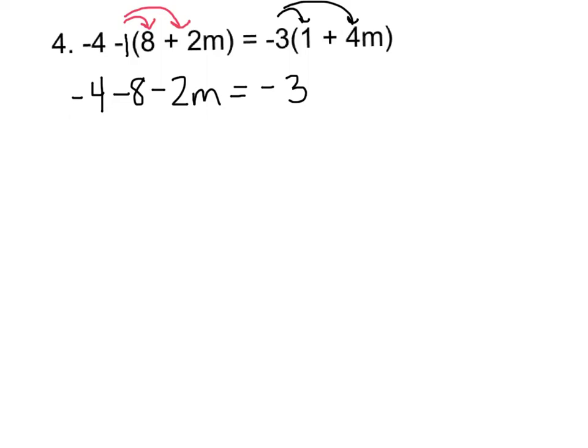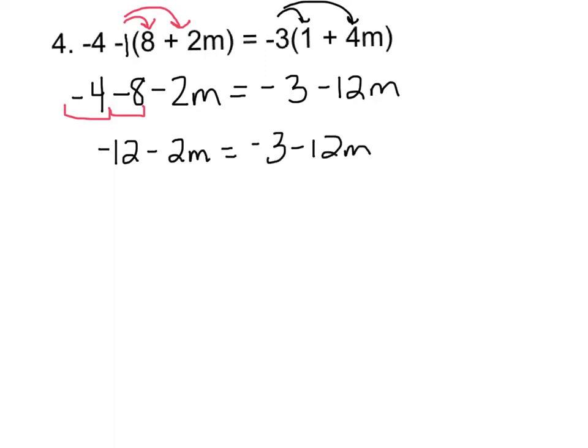So negative 3 times 4m is just going to give you negative 12m. So I write it as minus 12m, because they mean the exact same thing. So next step, combine like terms. Negative 4 and a negative 8 gives me negative 12 minus 2m equals negative 3 minus 12m.